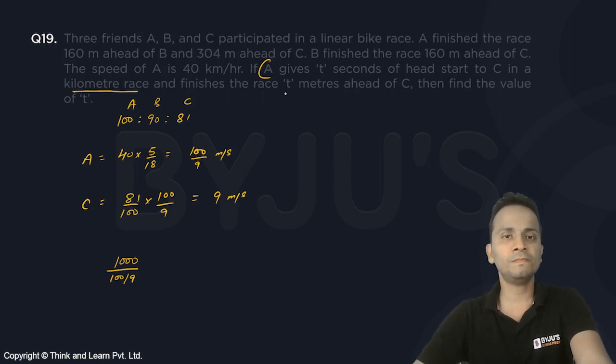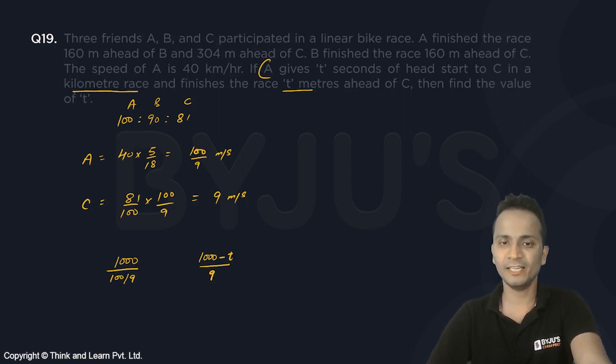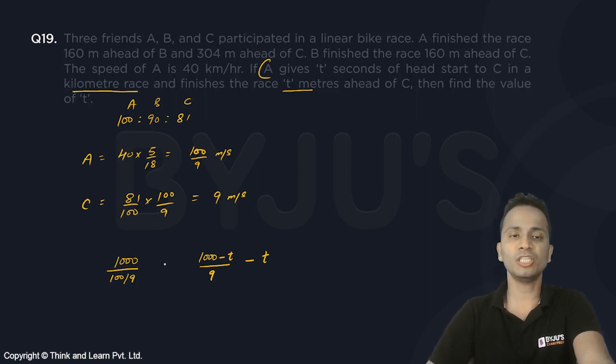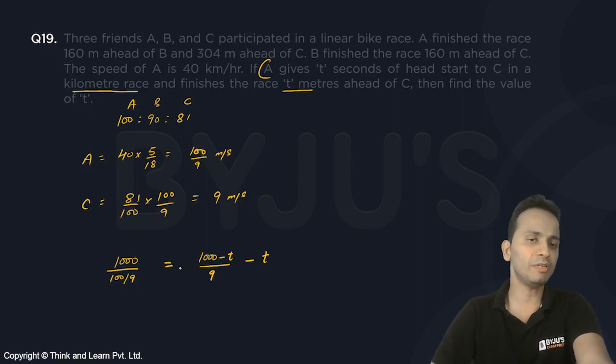Now A has finished t meters ahead of C. So distance traveled by C is 1000 minus t divided by the speed of C, which is 9. Okay, this is the time taken by C. Now, time taken by C is t seconds more than time taken by A. So if I subtract t seconds from the time taken by C, I can equate it to the time taken by A. All right.